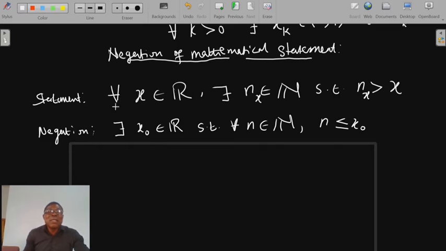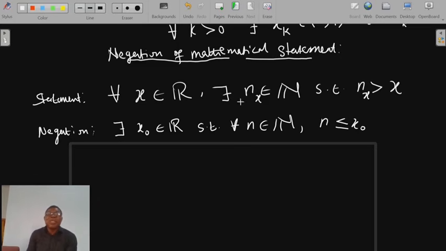In trying to negate a statement, replace the universal quantifier by the existential quantifier and the existential quantifier by the universal quantifier, and then write the negation of whatever other statement is in the given statement.